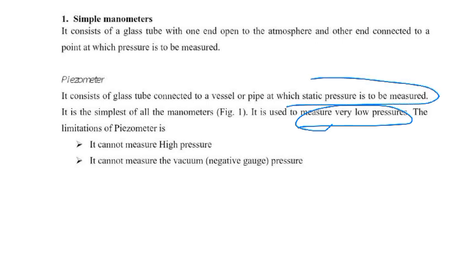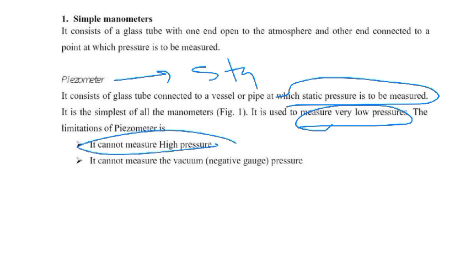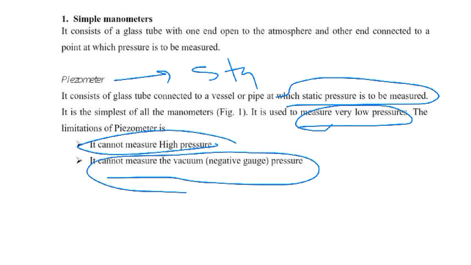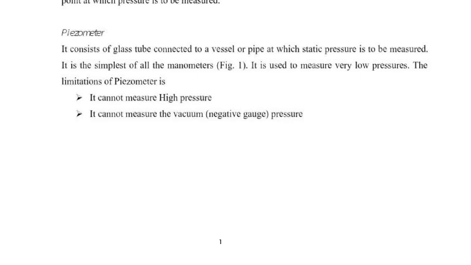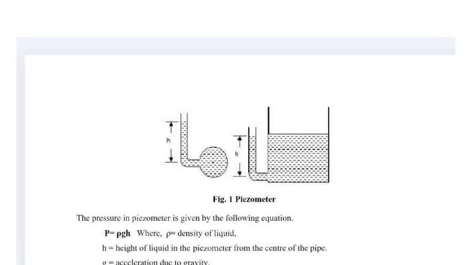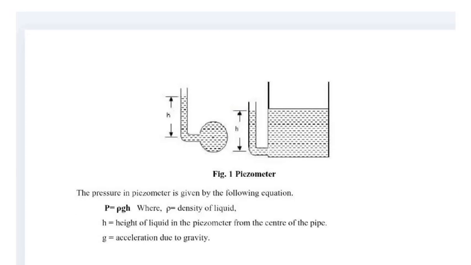Here, two points must be memorized: first, it is used for static pressures, and second, it is used for very low pressures. Limitation of the piezometer tube: it cannot measure high pressures. Second, it cannot measure vacuum or negative gauge pressure because it measures only static pressures. This looks like a piezometer tube.